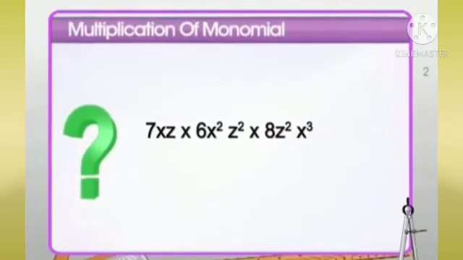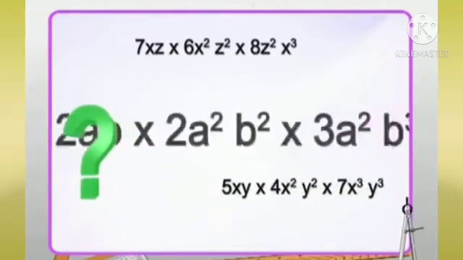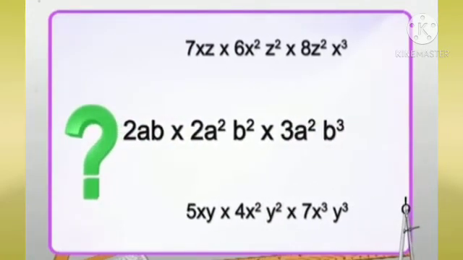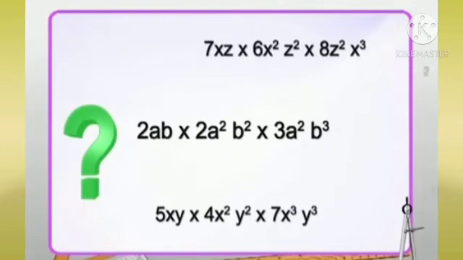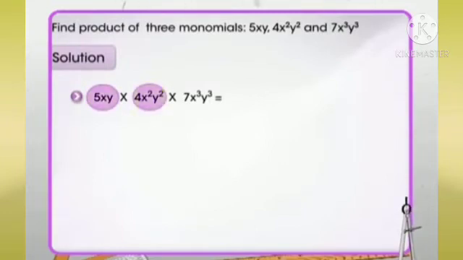What if there are more than two monomials? Then how do we find their product? To crack this query, let's take an example of three monomials: 5xy into 4x square y square into 7x cube y cube.